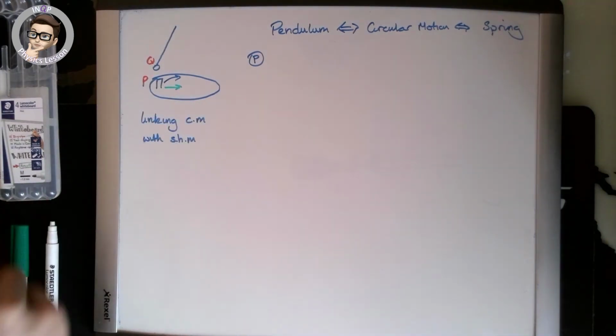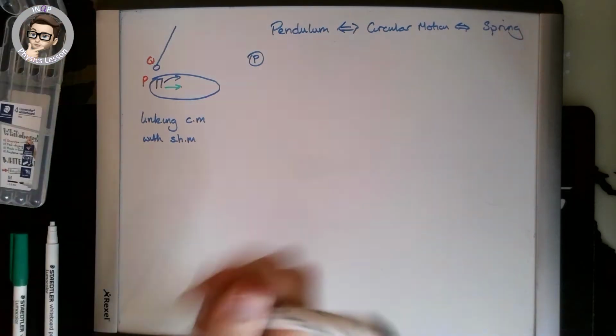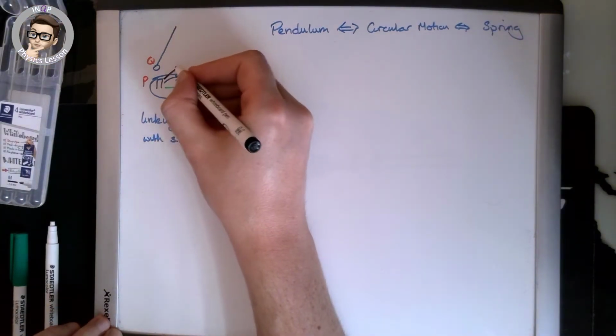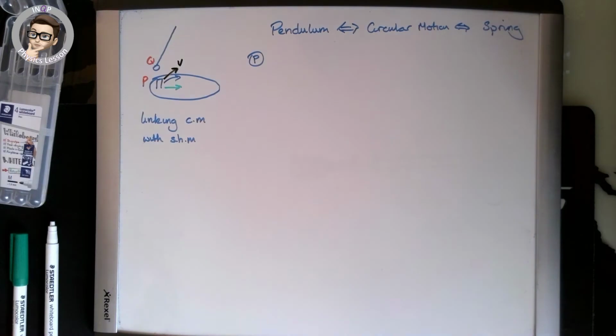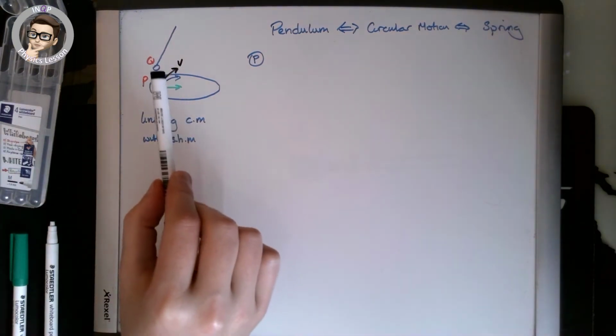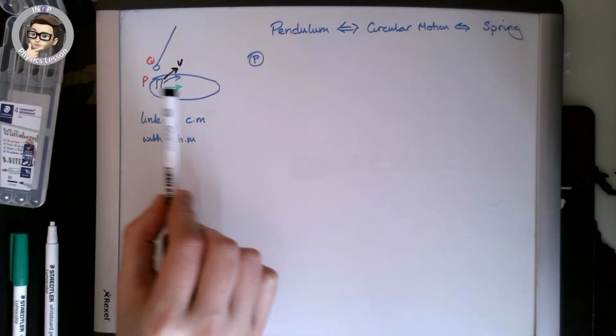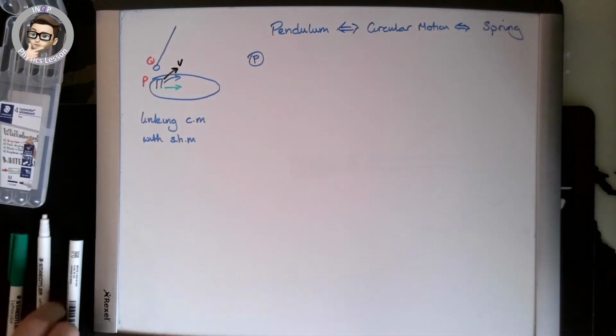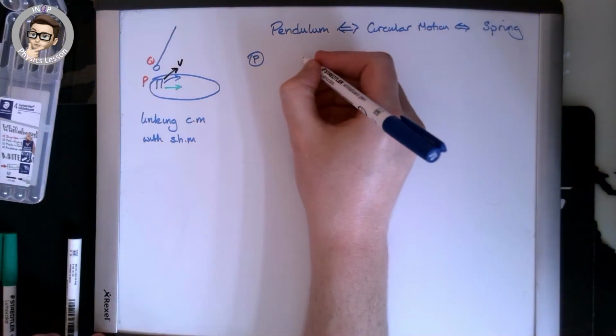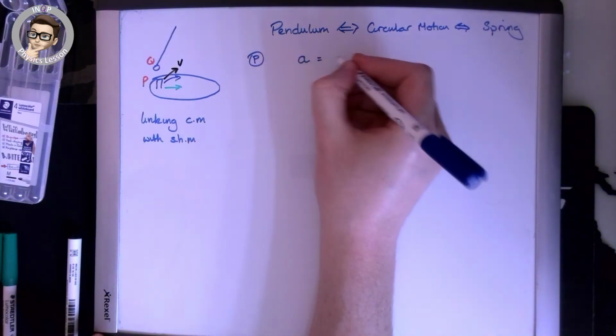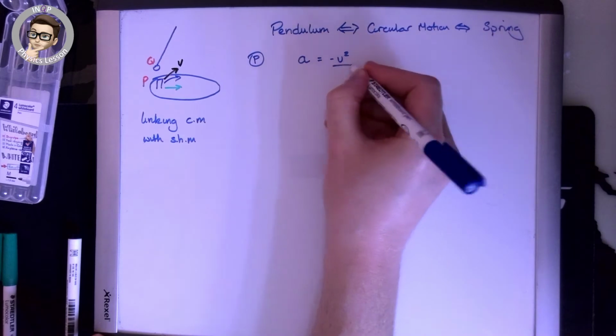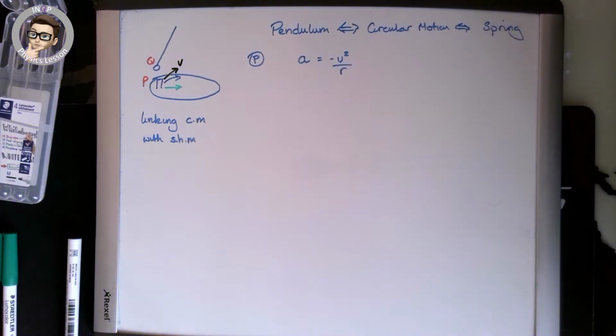P itself has a velocity that is tangential to the rotation it's taking, and the reason that velocity is able to keep changing is because we have this force, and so we have this acceleration. So acceleration is equal to negative v squared over r, which we learnt in the previous topic. There's nothing new here, hopefully.